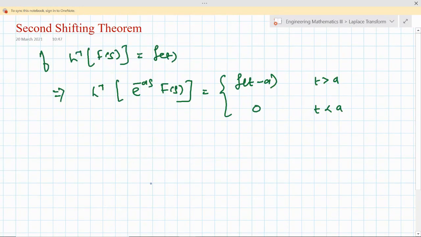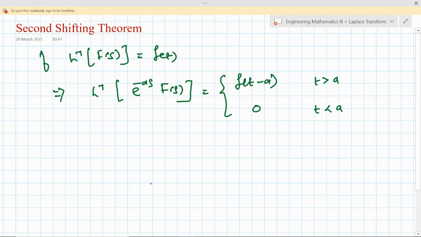Okay, so now if we move forward, we have the second shifting theorem. Inverse Laplace of F of s is equal to f of t. Then inverse Laplace of e raised to minus as into F of s is equal to what? It is f of t minus a for t greater than a, and it is 0 for t less than a.